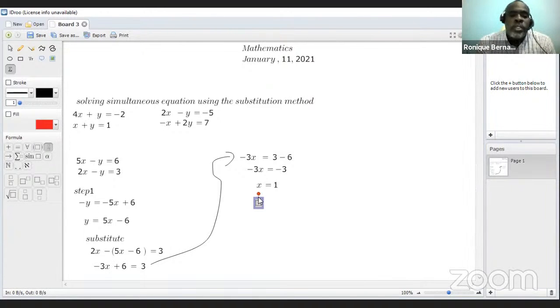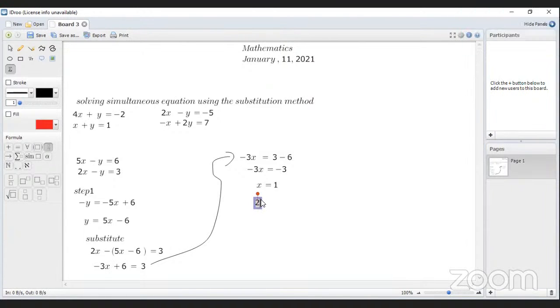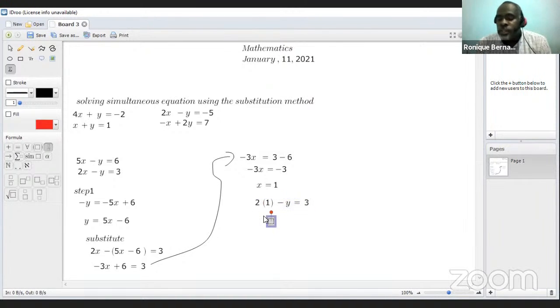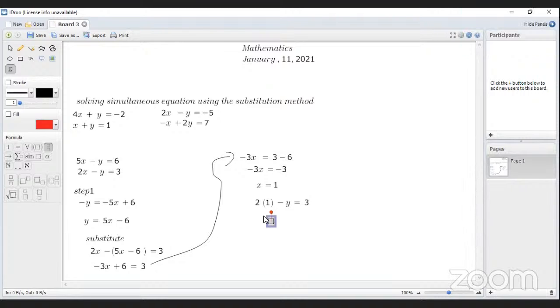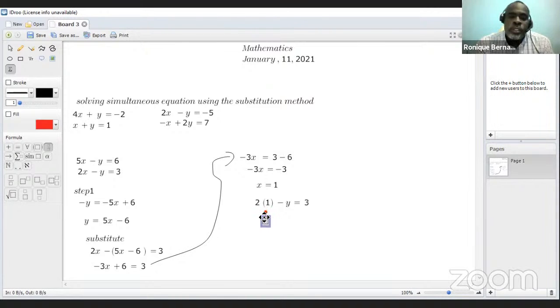All right, so 2 times 1 minus y equals 3. What's next now? 2 minus y equals 3.